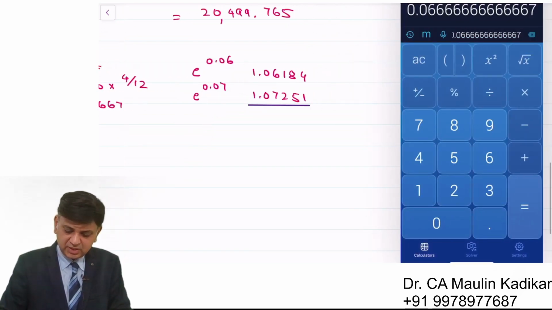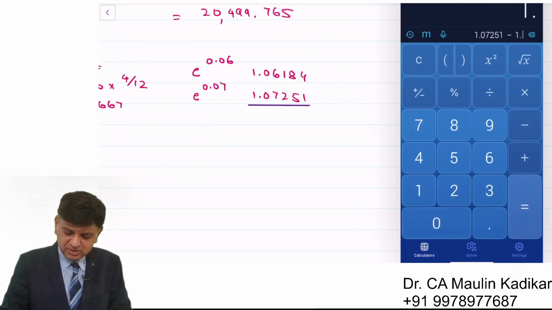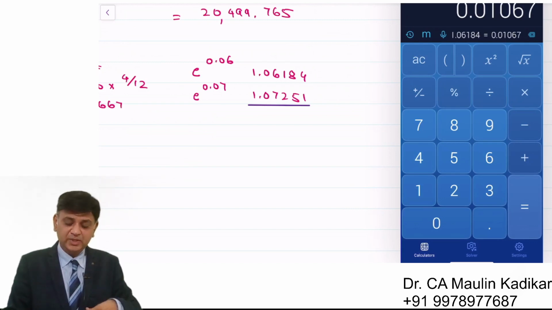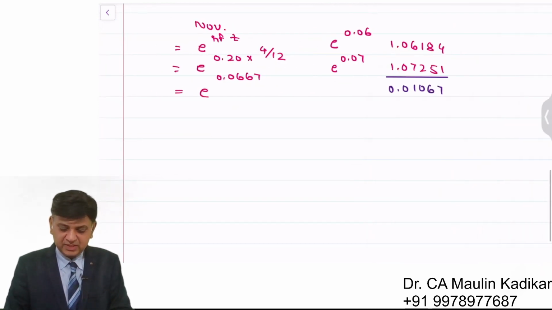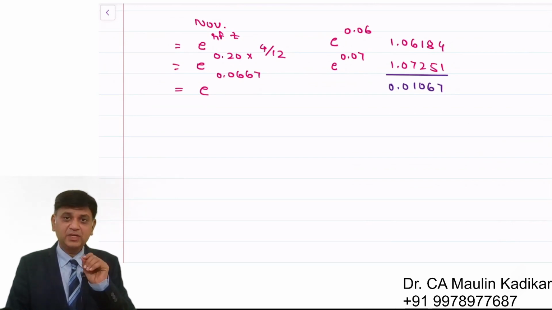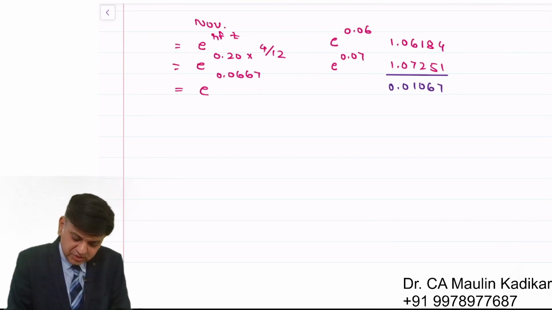So basically over here 1.07251 minus 1.06184, that is 0.01067. That is what we understand. Okay, now we are required to do interpolation.